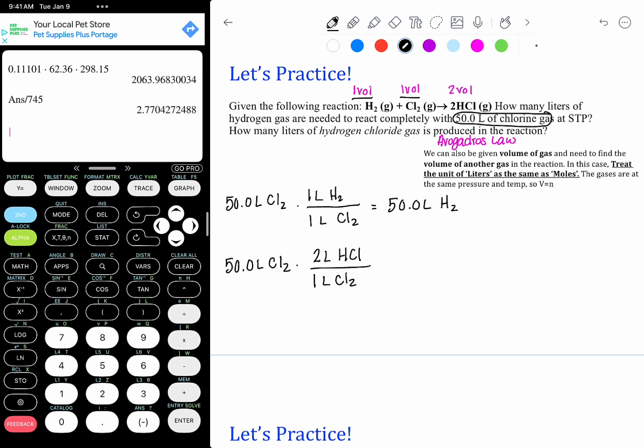So we take 50 liters of Cl2, multiply it by 2 from our mole ratio, and we get 100 liters of HCl created. So that's a way that we can use our mole-to-mole ratios as liter-to-liter ratios. But just keep in mind that it has to be between gases. You have to be going from a gas to a gas. If you're trying to go from a solid to a gas, you cannot do it this way.